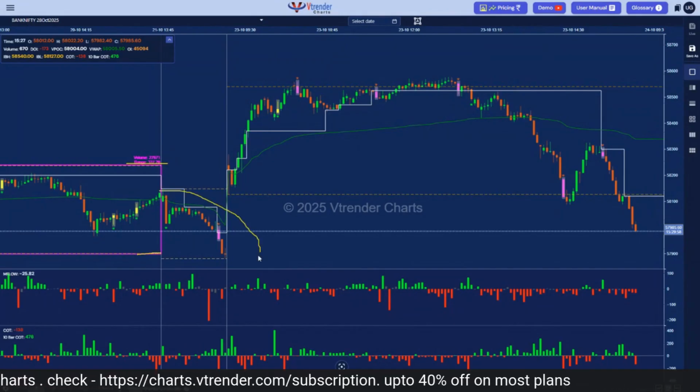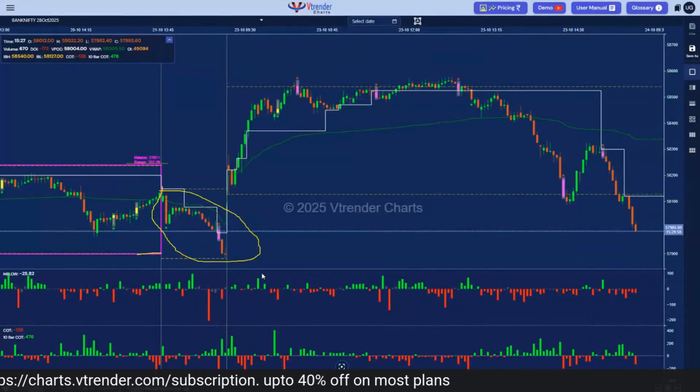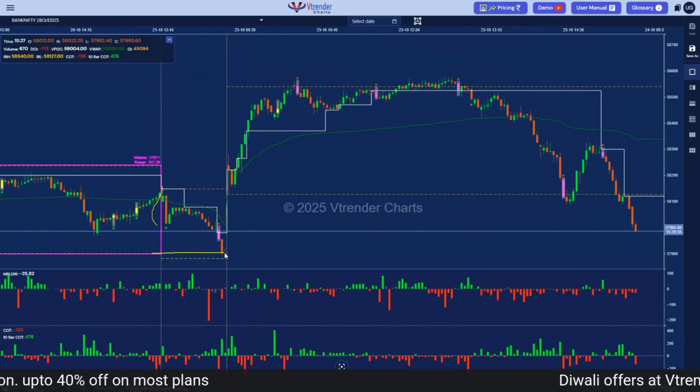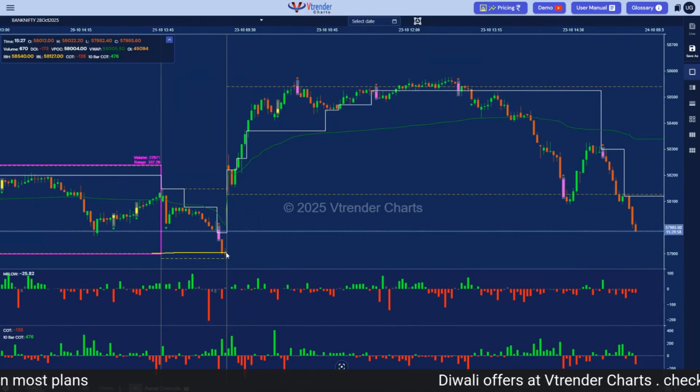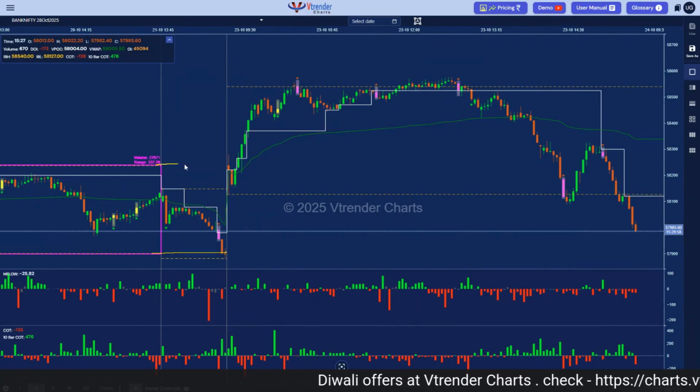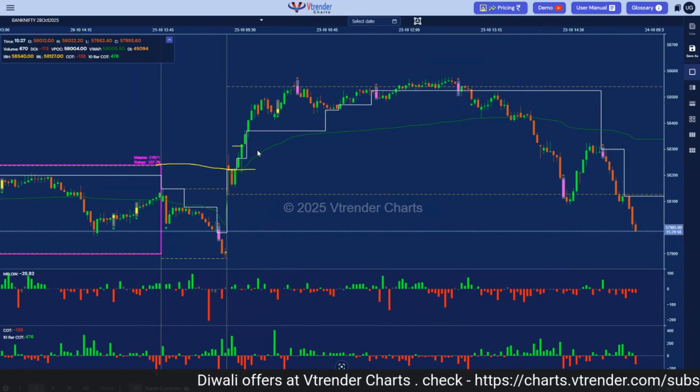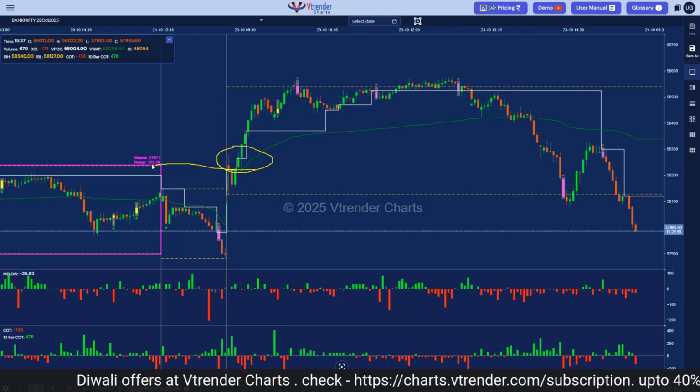This was the Muhurat day trading, so we can kind of ignore it, but still you can say it never broke below this micro balance low. Today at the open, we opened at the upper end of the micro balance, and here is where we broke above this micro balance.